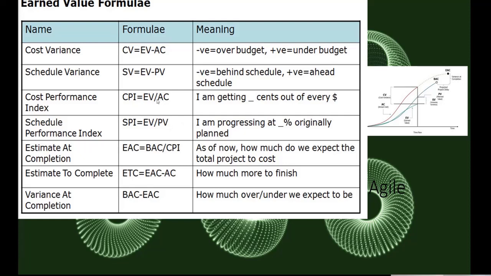So for example, we'll give some examples later. Estimate at completion, EAC. EAC equals BAC divided by CPI, cost performance index. CPI means at which rate you are spending.